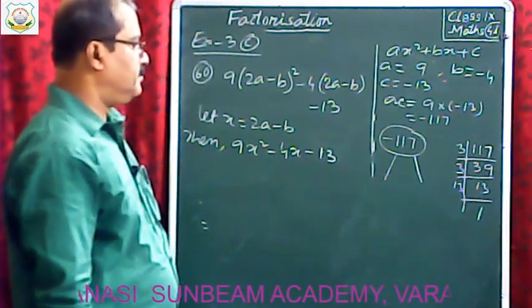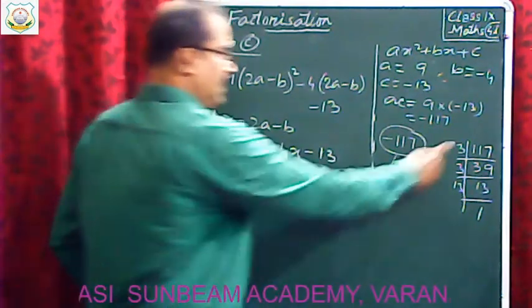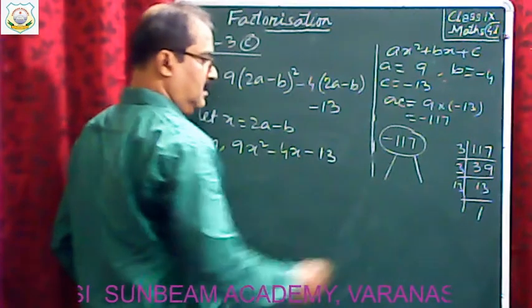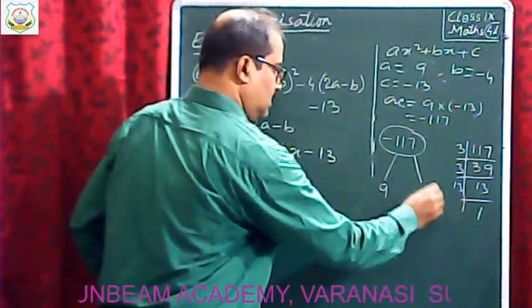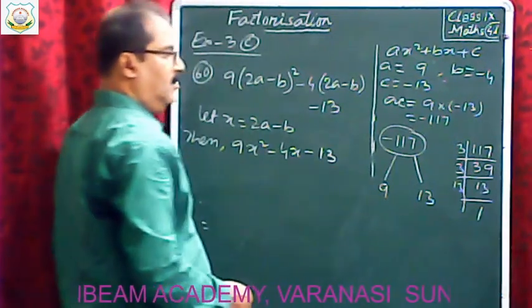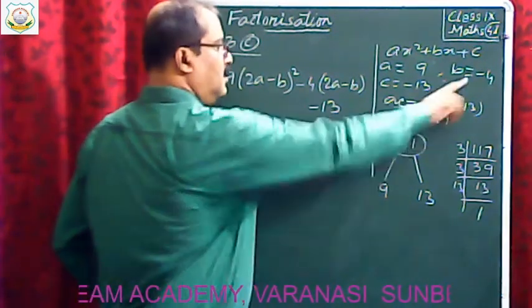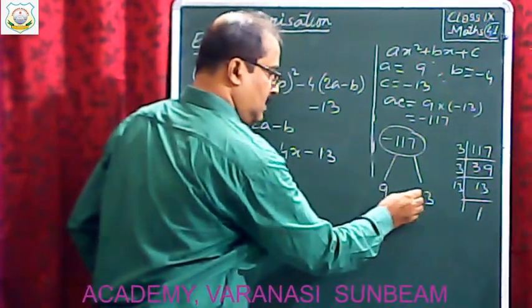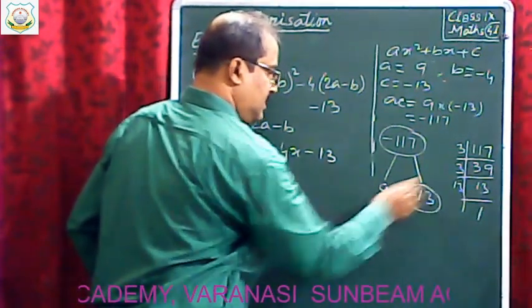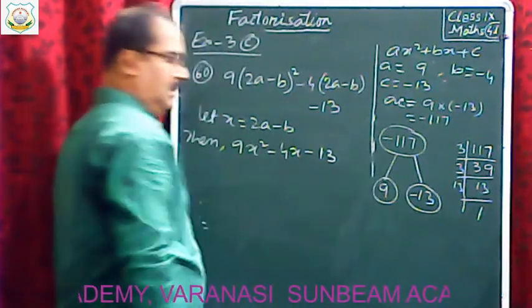Okay, so 9 and 13. We require b as minus 4, so you have to take the minus sign with 13, the greater value.